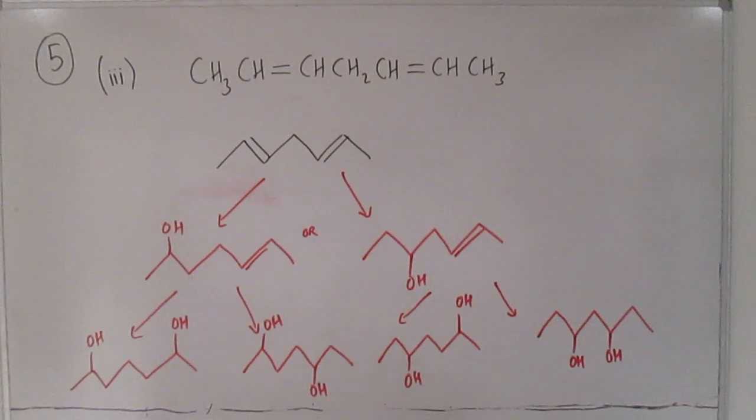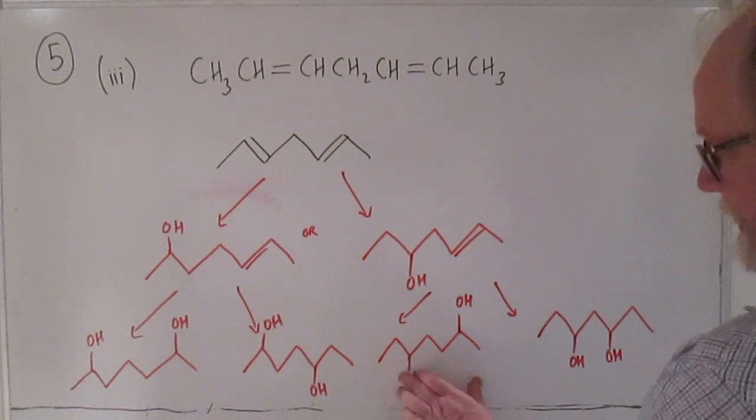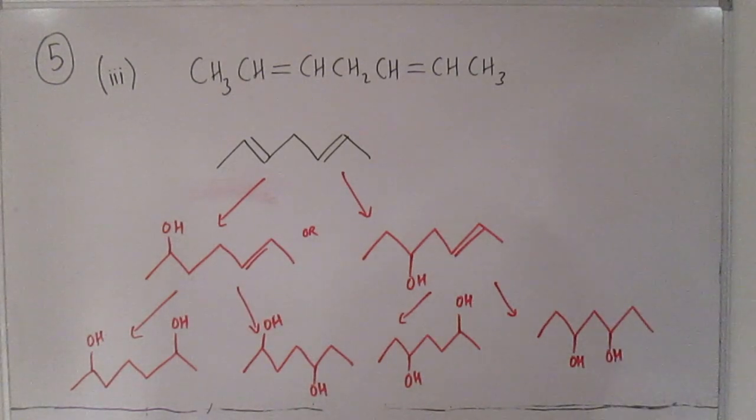So you might be tempted to say, right, there we go, 4 possible products. But actually, when you look carefully, you realise that this and this are the same thing. Okay, they're drawn the other way around, but if you imagine picking this molecule up and flipping it over like that, it's actually exactly the same as this one.